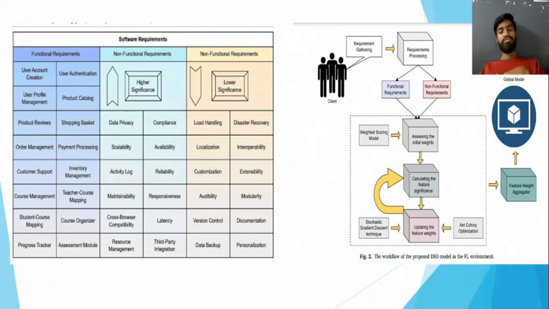Then it calculates the feature significance. Then it updates the feature weights with ant colony optimization and stochastic gradient descent techniques, where the updating of the feature weights and the calculating of the feature significance happen. Then whatever we have from this whole thing, we get the feature weight aggregate. It gives a global model.